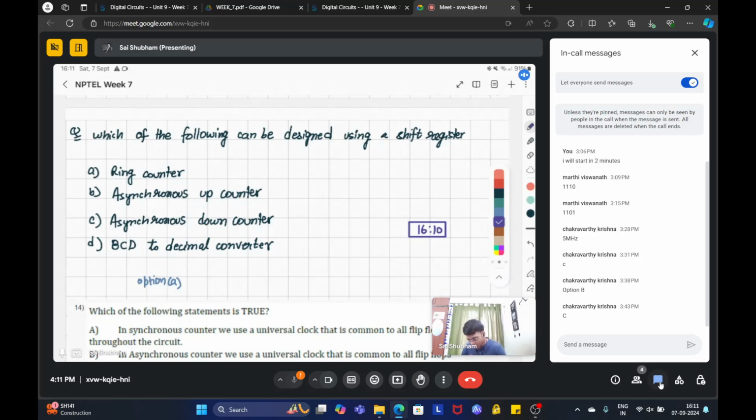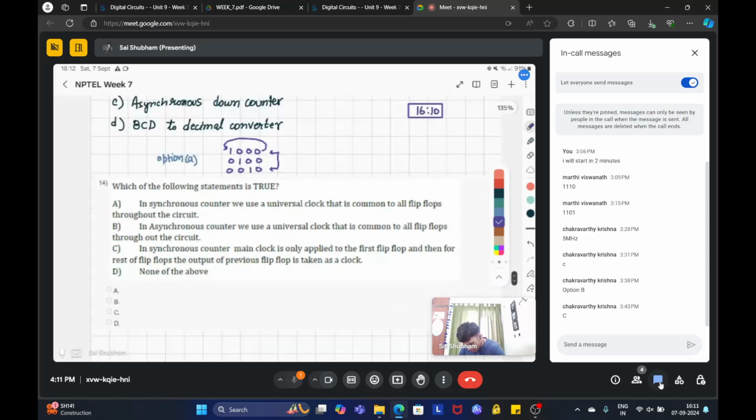Whereas in ring counter, you can directly do it because in ring counter, suppose these are the initial states, you have to basically shift the value of 0 to the previous flop. So it will be like this. So this can be done using a shift register. So option A is the answer.